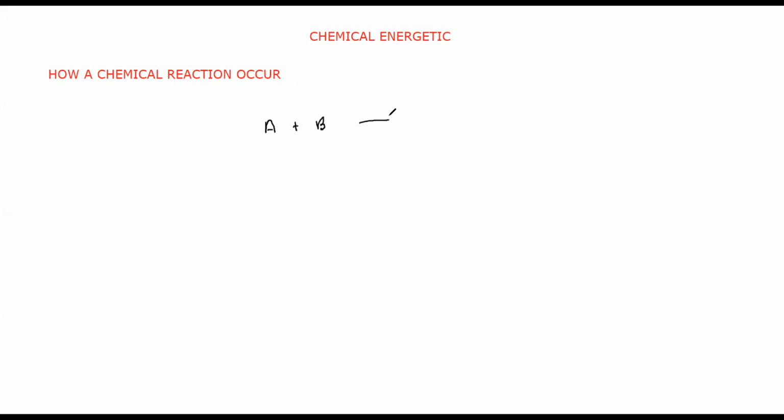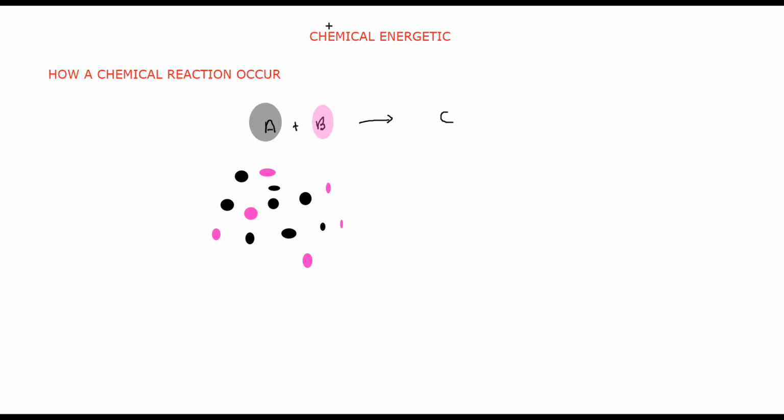When they collide with each other, this leads to the formation of a product C. For example, these are the particles of A and these are the particles of B. So how do they react or how do they form a product?